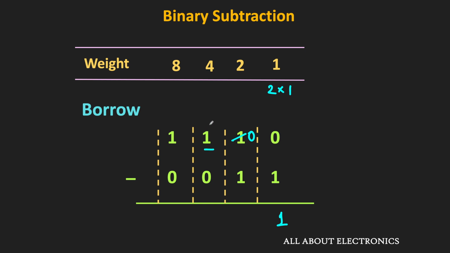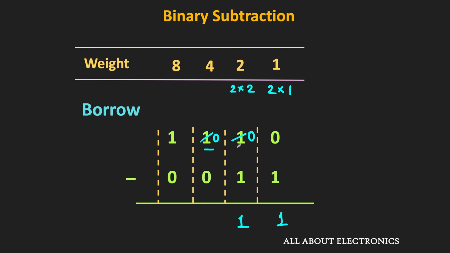In this column, the weight of the 1 is equal to 4. So whenever we borrow this 1 from the fourth column and put it into the twos column, we can write it as 2 times 2. Now if we perform the subtraction, we are subtracting this 1 two from the two twos. If we just consider the coefficients, it is equal to 2 minus 1, that is equal to 1.